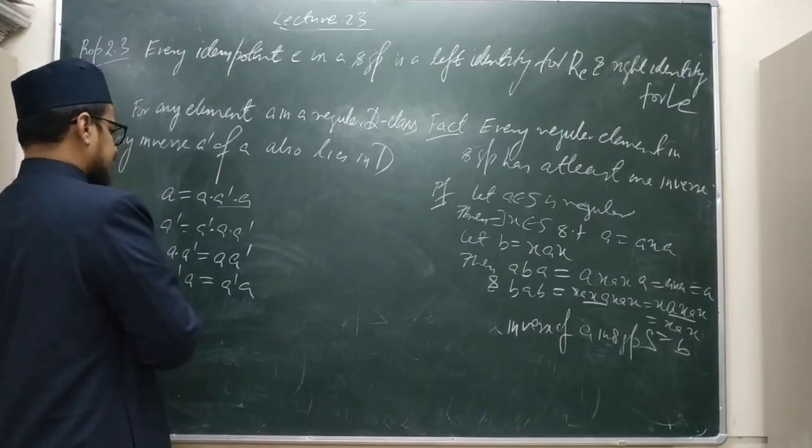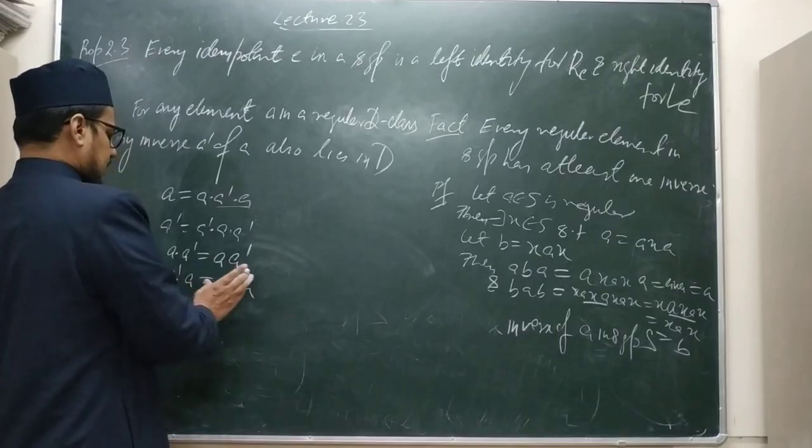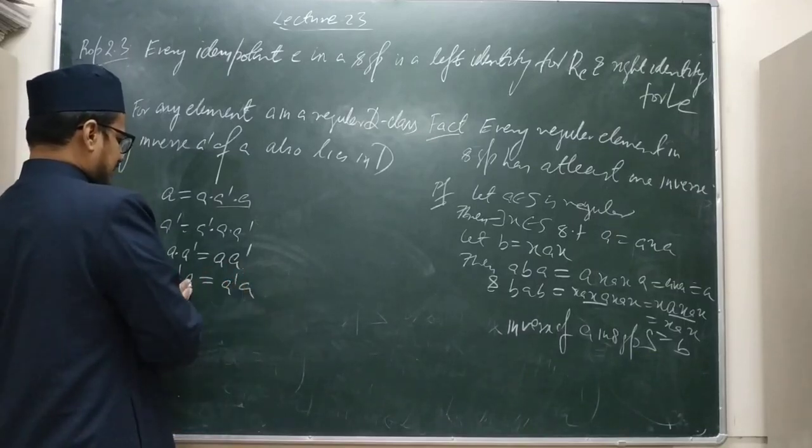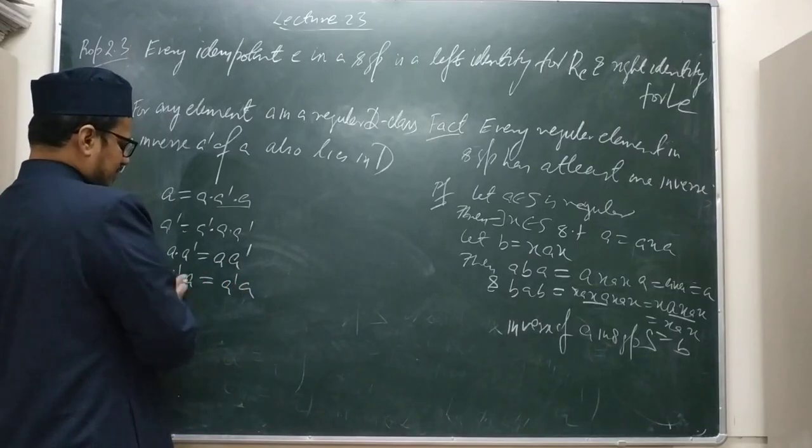And also a a dash, when you multiply a by something by left, you are getting a dash a.